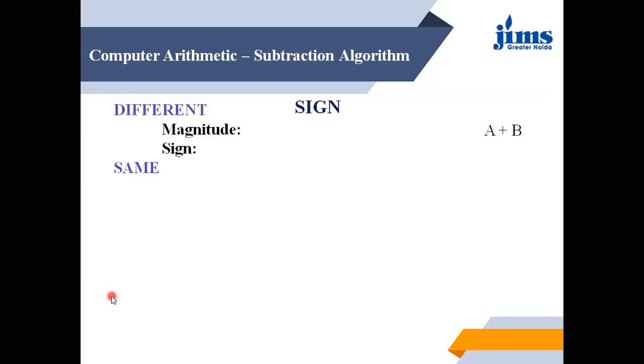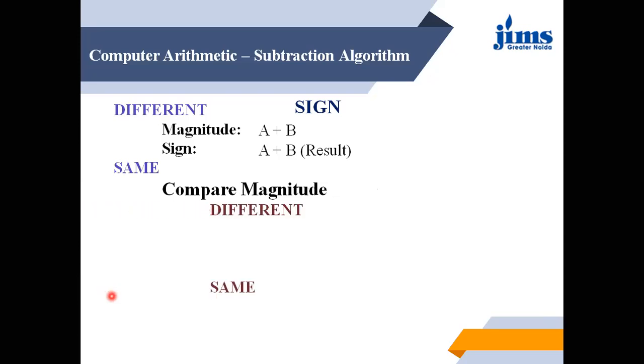So this is the case when the signs of both the numbers are different, and when both the numbers have the same sign, then we have to compare the magnitude of both the numbers again, and there are two possibilities: after comparing, the magnitude can be different or it can be the same.